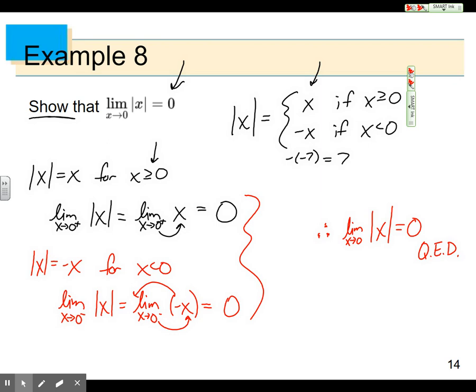Now, QED is something Latin, but the English version of it says that which was to be demonstrated. I don't speak Latin very well, so I just say quite easily done, and that suffices for me.